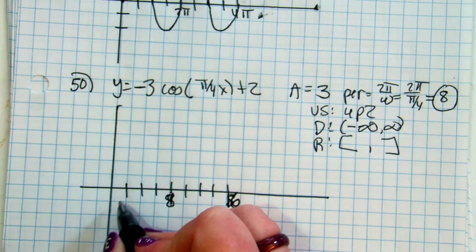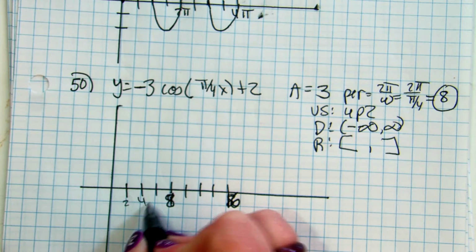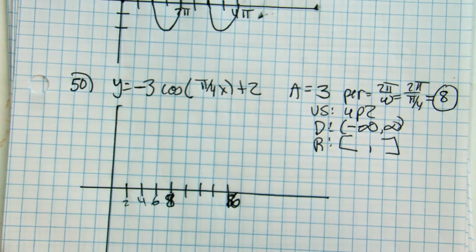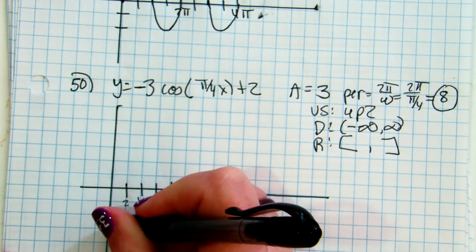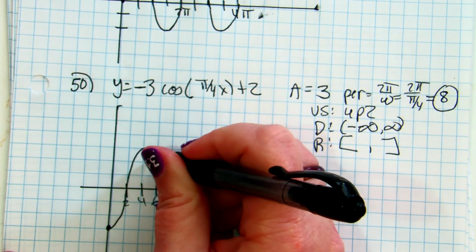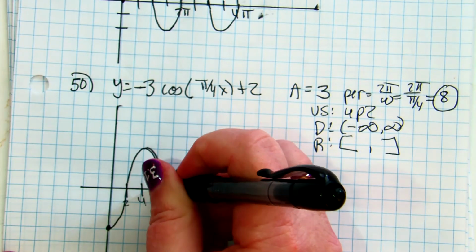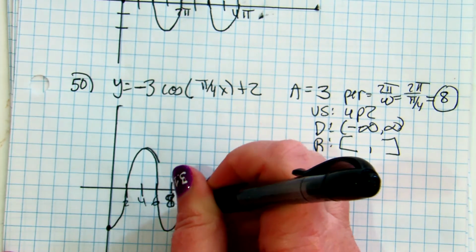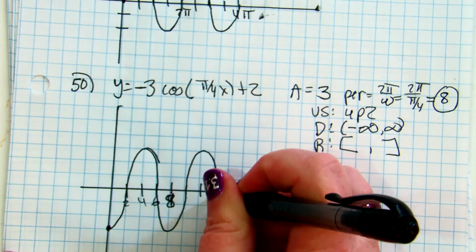We're going by 2s, 2, 4, 6, 8, etc. Cosine starts up, but it's negative, so it's going to start down at -3, go up to +3, back down, and repeat the cycle.